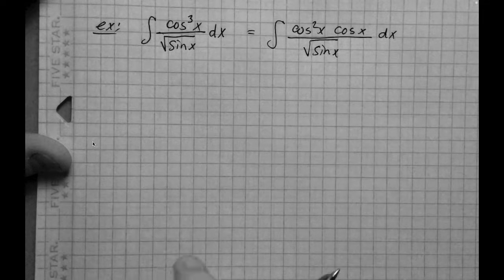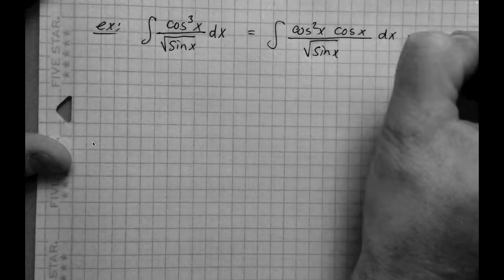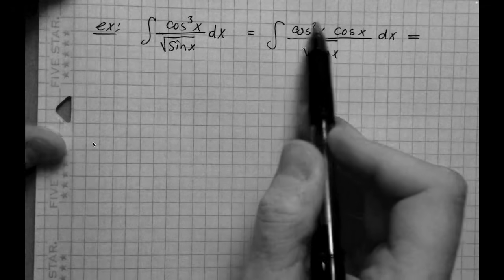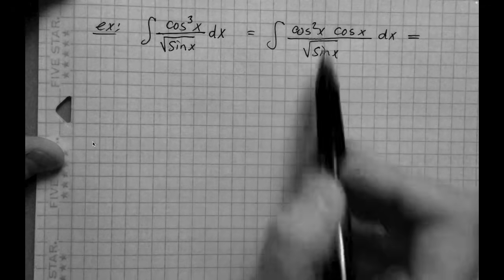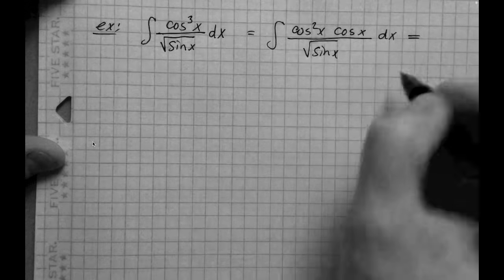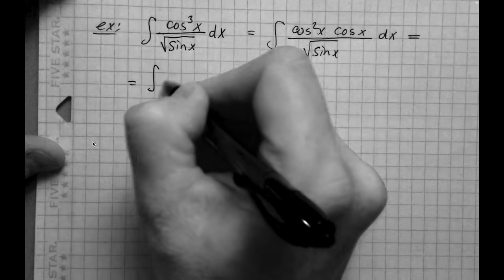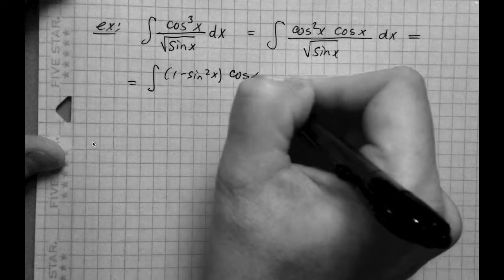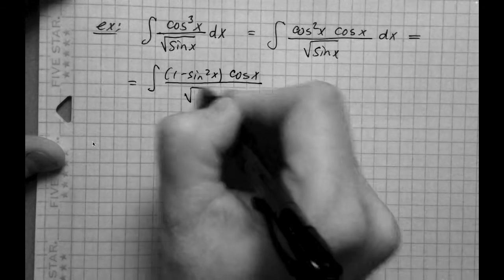And this piece here we can swap in using the Pythagorean identity, we swap some sines in place of the cosine. So that's going to be the integral of 1 minus sine squared x times cos x over the square root of sine x.